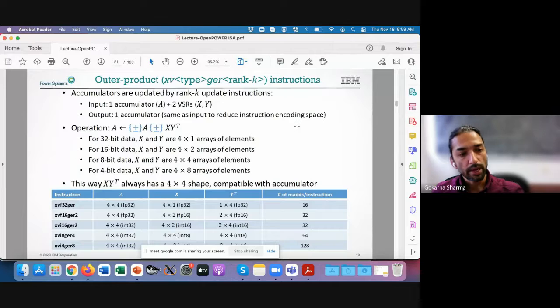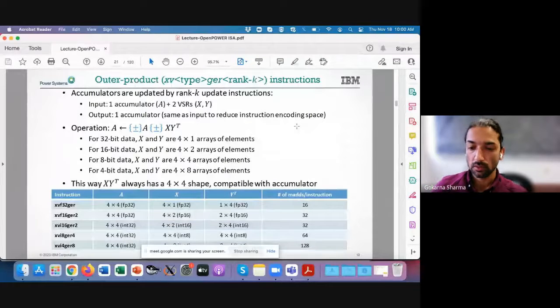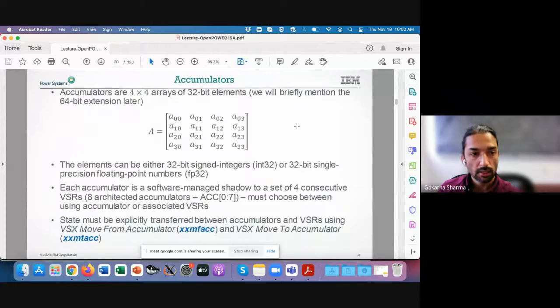So when you do it this way, X times Y transpose is always going to be a 4x4 set, compatible with the accumulator, because whatever input you give has to follow the specification defined for the accumulator. The whole goal is, you have input data, and let's suppose you want to multiply these two matrices.